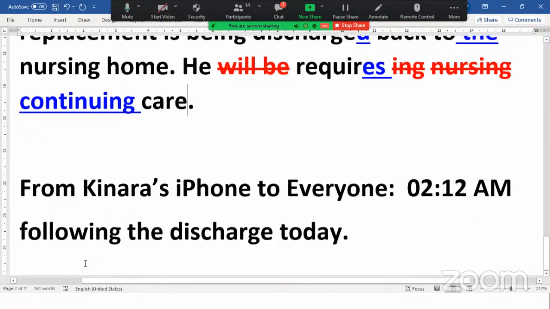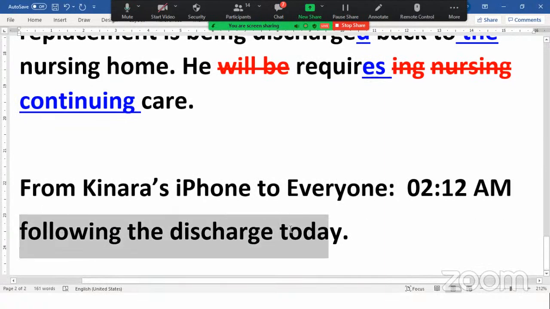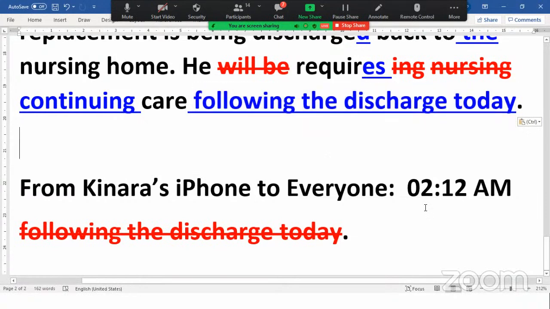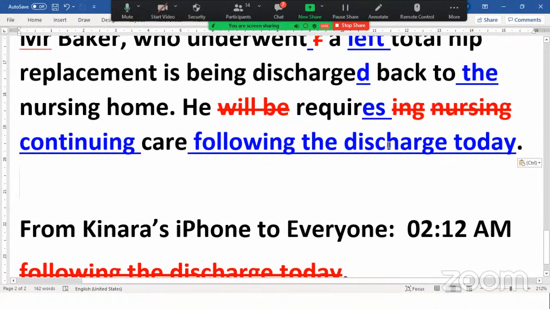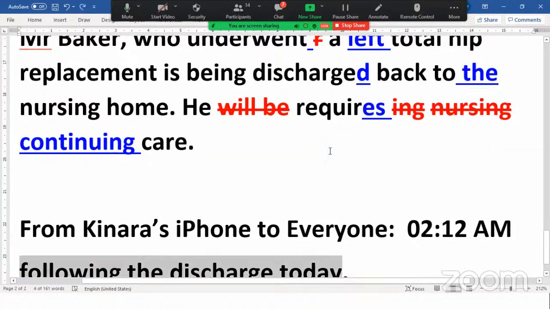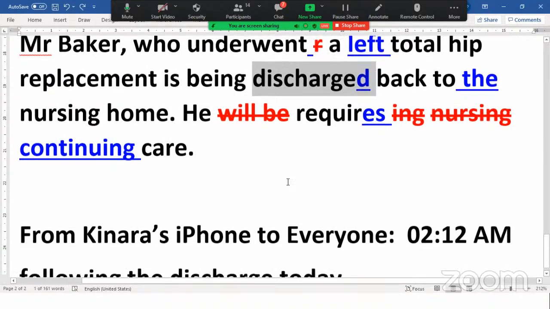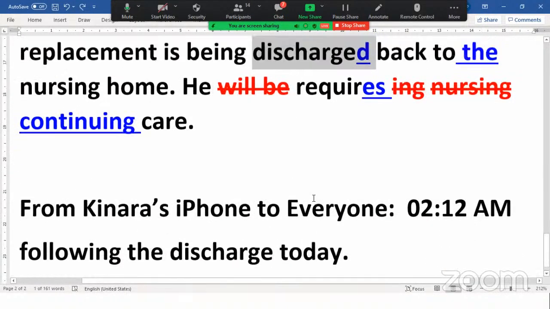Following the discharge today. When you write following the discharge today, you need not write being discharged, because the word discharge is already used here.